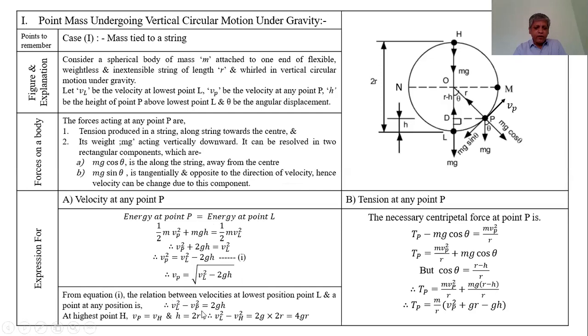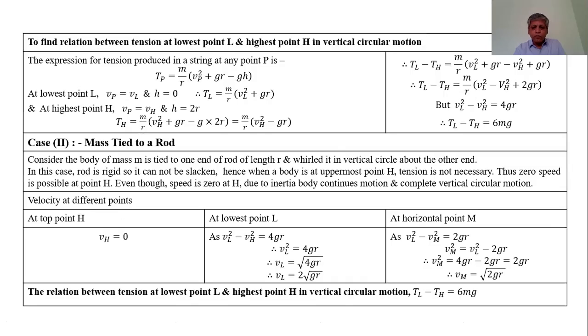When going from point L to M, at that time the height is equal to R, that is the radius. That means H is equal to R. Therefore, VL square minus VM square is equal to 2 times GR. From this equation, VM square is equal to VL square minus 2 times GR. But VL square is equal to 4 times GR.